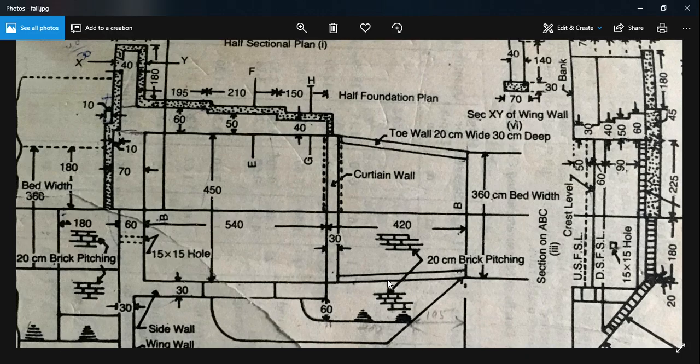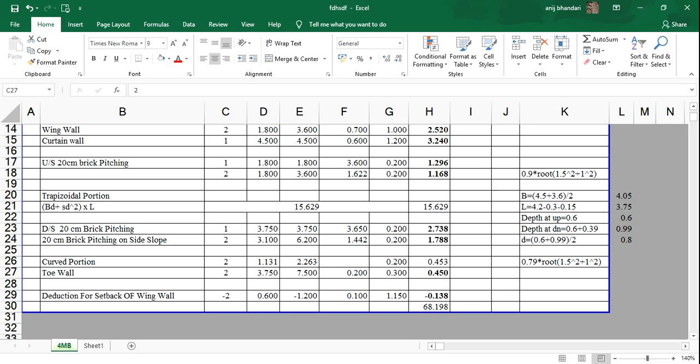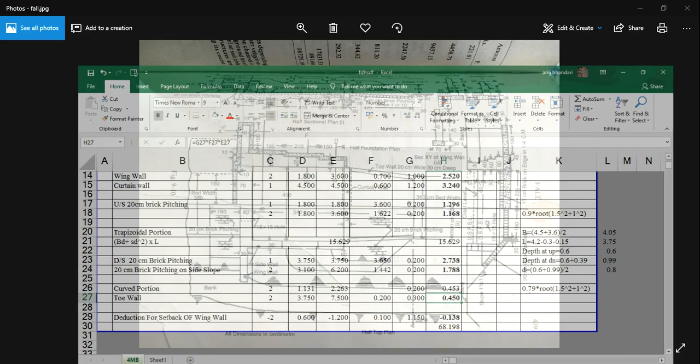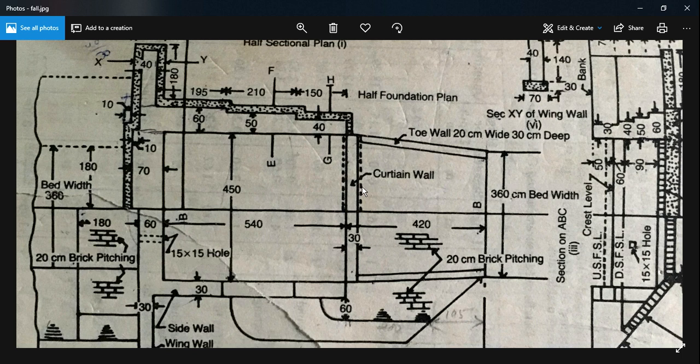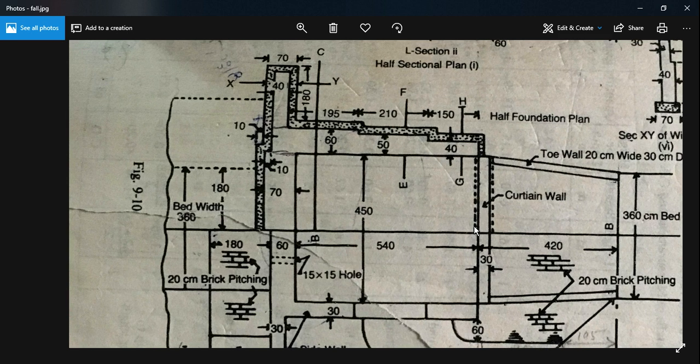There are 2 toe walls, and for the toe wall the width is 20 and the depth is 30 as given in the question. So this is the quantity, there is not much hassle. So the quantity for the toe wall is clear.